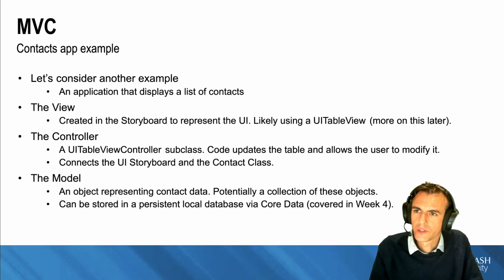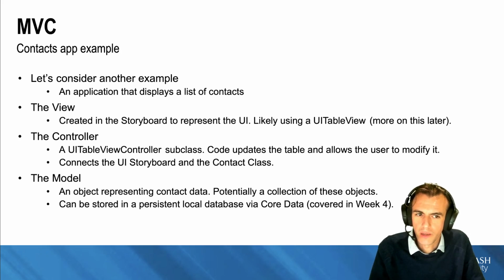Let's just go through a simple example of MVC. This is a contacts app. So imagine you just have an application that has a list of contacts and address book. The view here would be a piece of UI, a table view. The controller would be a subclass of a predefined iOS class called UI Table View Controller. This is a view controller that understands it's working with a particular type of view and implements a lot of that functionality, and then you can override it in order to specify your specific version of that class.